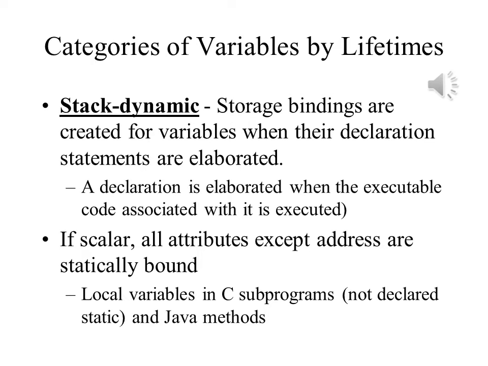Many languages, C and Java included, allow variable definitions to appear within any block of code. Since procedures are usually handled in a first-in, last-out manner, using a stack to allocate and deallocate memory makes an enormous amount of sense. Scalar variables will have all their attributes, other than address, statically bound.